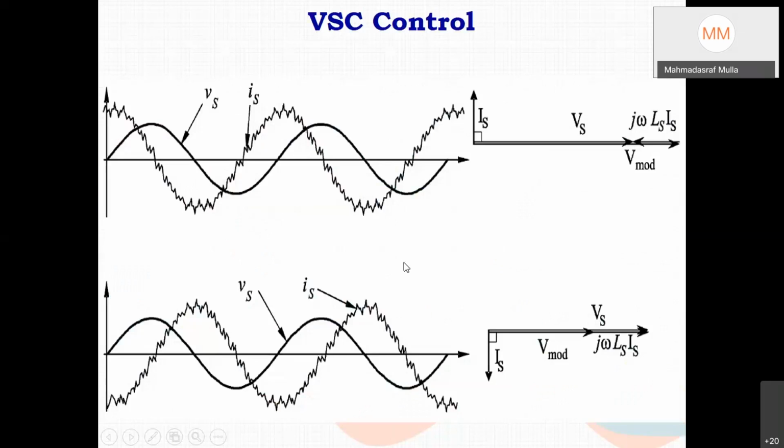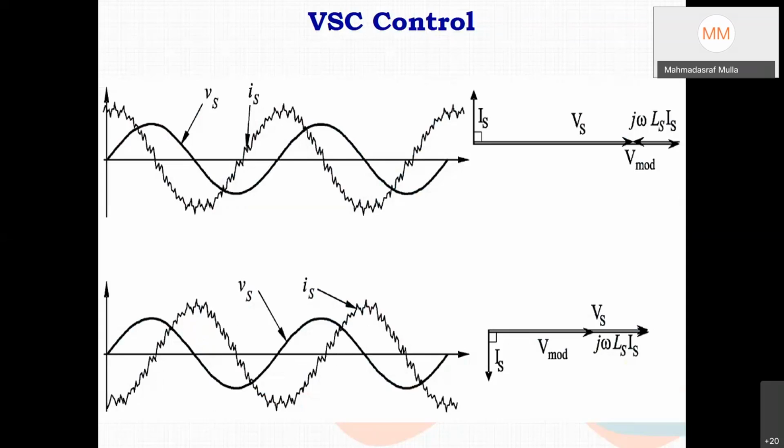This hard line is the PCC voltage, or receiving end voltage, and this rise and fall is the current this voltage source converter can provide. In the first case the current is leading the voltage, so the behavior is equivalent to a capacitor connected there, and the second is 90-degree lagging. In both cases there must be a 90-degree angle, and only then can this arrangement work.